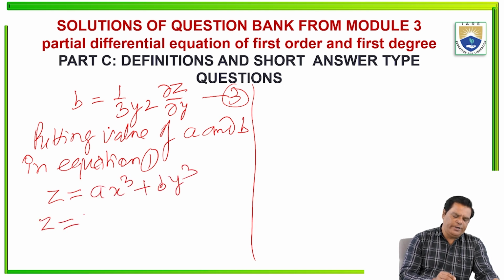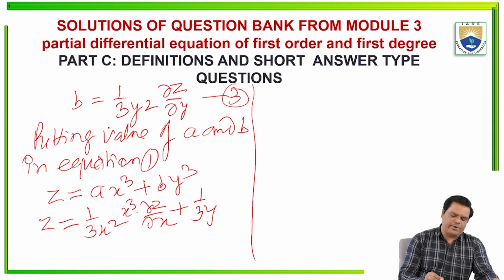So z equal to a, what is a? 1/(3x²) ∂z/∂x times x³ plus 1/(3y²) ∂z/∂y times y³.